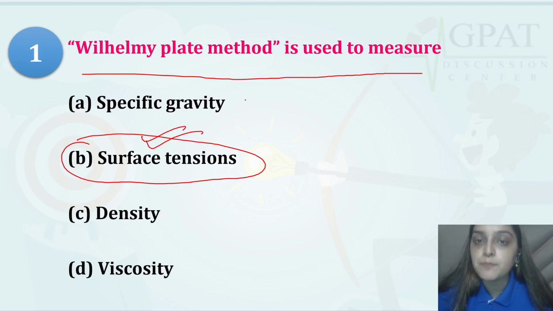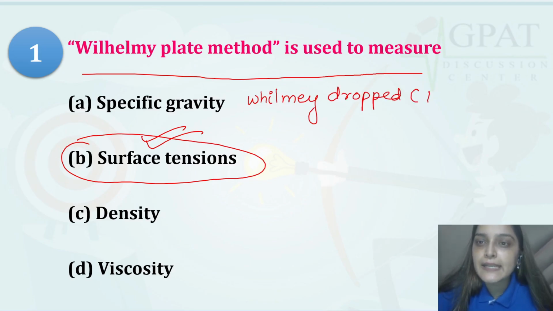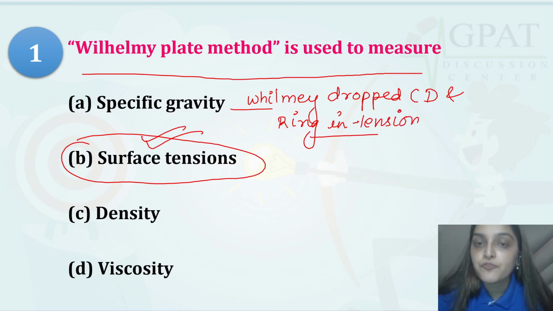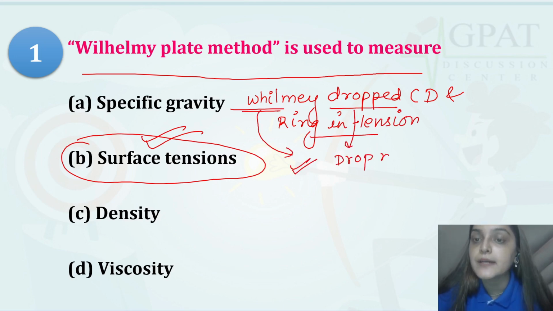I'll tell you one simple trick to remember all these methods. The trick is "Wilhelmy drop, CD and ring in tension." Wilhelmy means the Wilhelmy plate method. Drop means we have the drop number method and the drop count method.